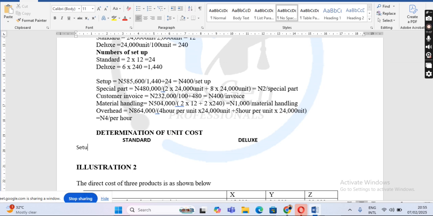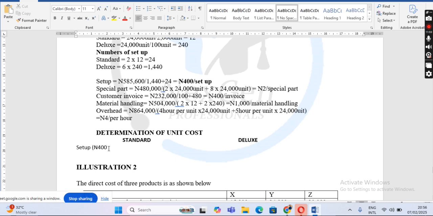Setup. Now, class, if you are paying them 400 naira per setup, the setup is 400 naira per setup. How many setups will you have for standard?